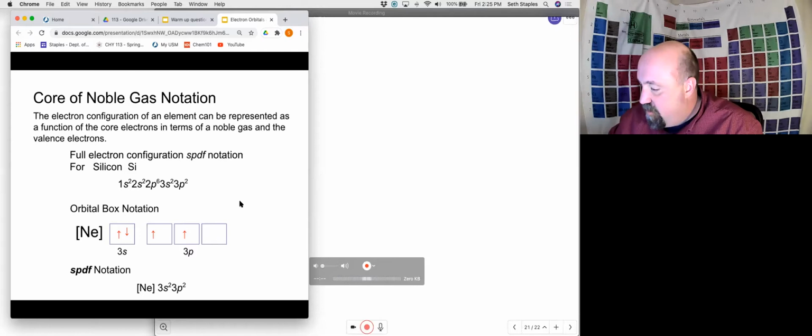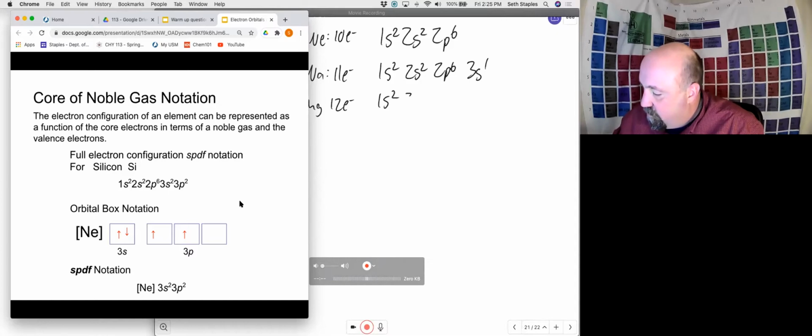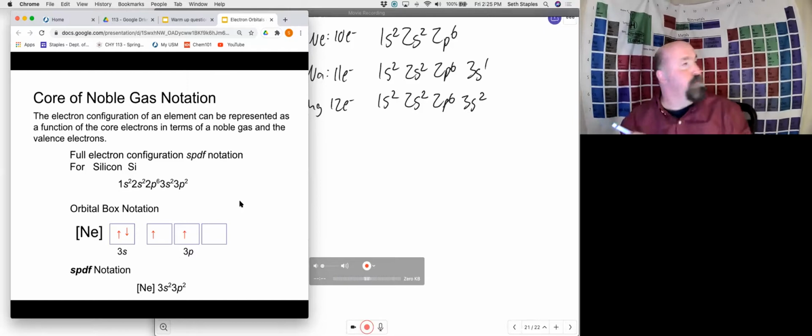The configuration of neon, 10 electrons, 1s2, 2s2, 2p6. Configuration of sodium with its 11 electrons, 1s2, 2s2, 2p6, 3s1. Magnesium with its 12 electrons, 1s2, 2s2, 2p6, 3s2.